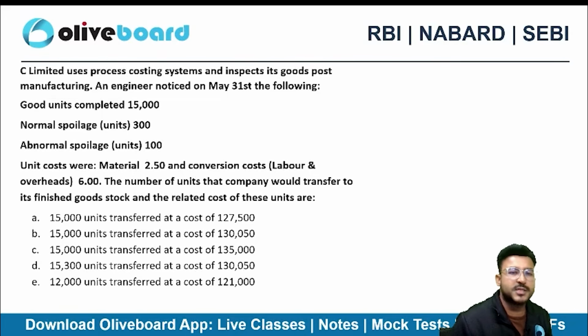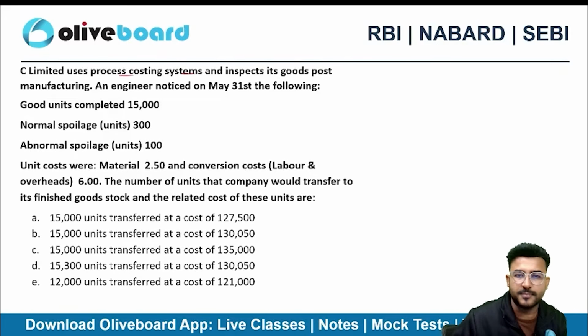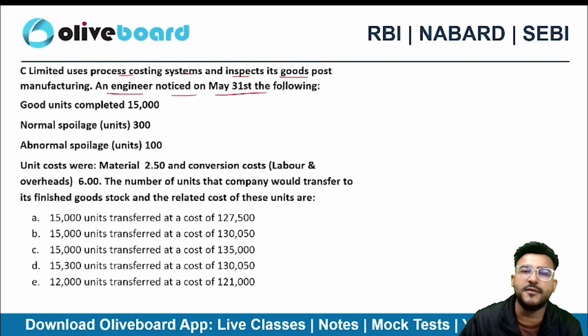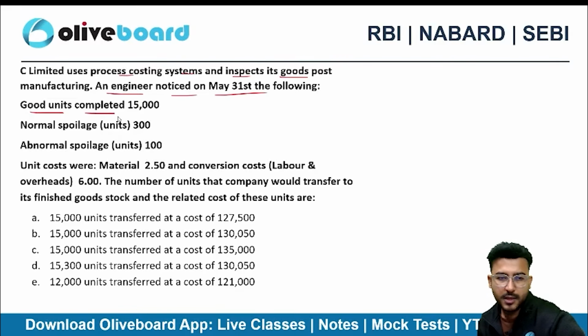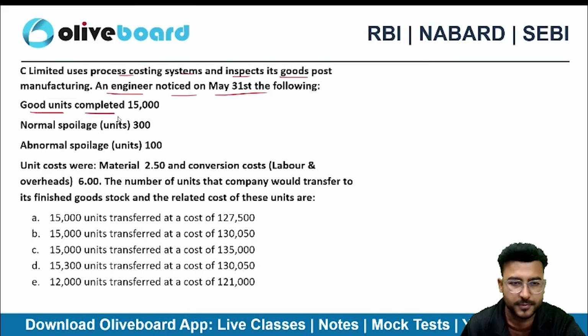C Limited uses a process costing system and inspects its goods post manufacturing. An engineer noticed that on 31st May, the following data was given. Good units completed 15,000. Normal spoilage 300 units.